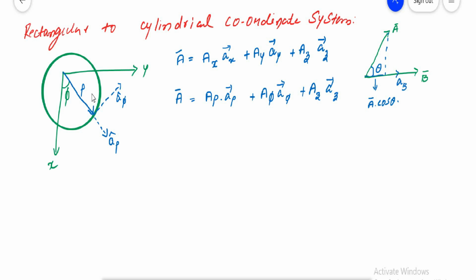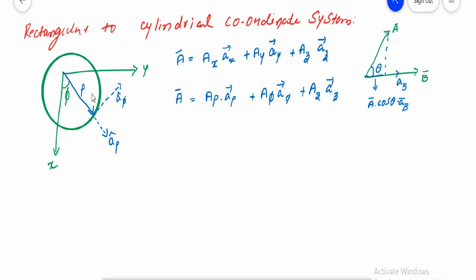And this a_B is nothing but the unit vector along the length of vector B. So the projection will be A bar cos theta, in the direction of B bar.